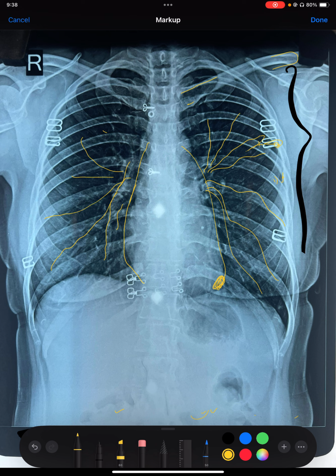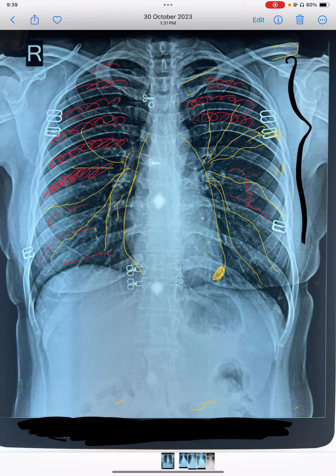But we can see this hyperlucency, this blackishness, is all because of the air. The lung is very well filled with air. So these lungs are very well aerated, and there is no congestion of fluid in these lungs. That is the reason why this lung field appears very much radiolucent or black.